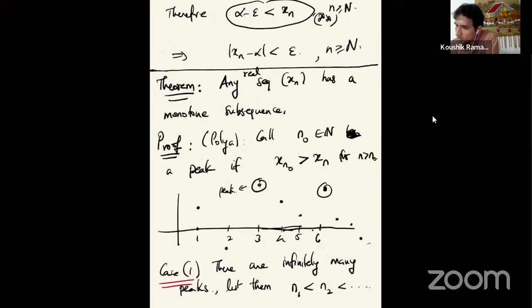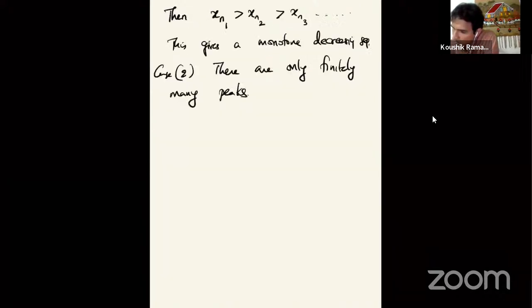So in this picture, maybe if I change what I drew here, which was the graph of the discrete sequence xn, so that the picture looks like this, where there are only finitely many peaks, then after some stage, what happens?